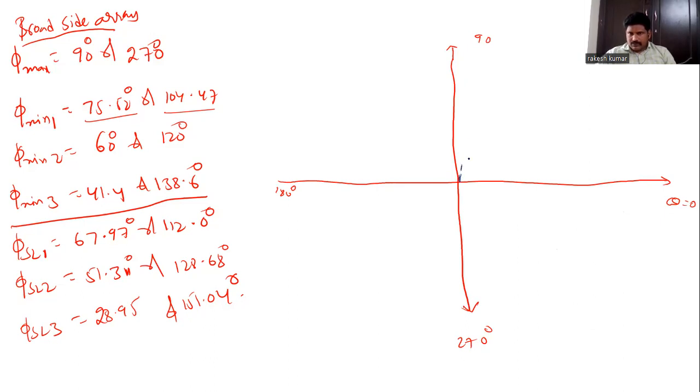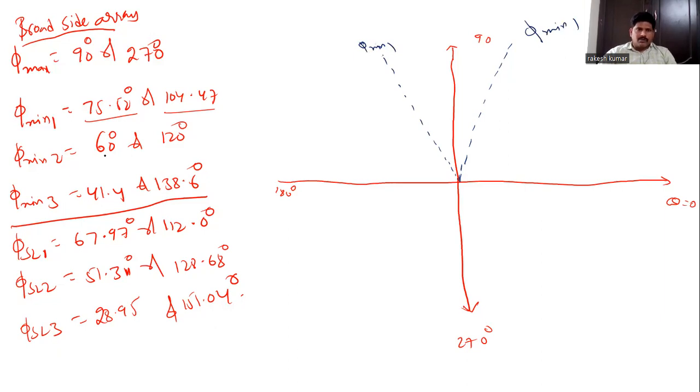So this is 75 degrees. And similarly, this is pi minimum 1. This is also pi minimum 1.